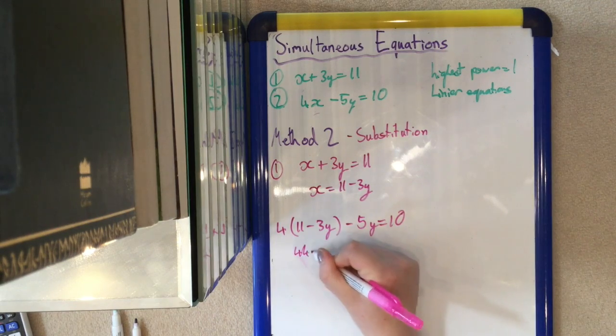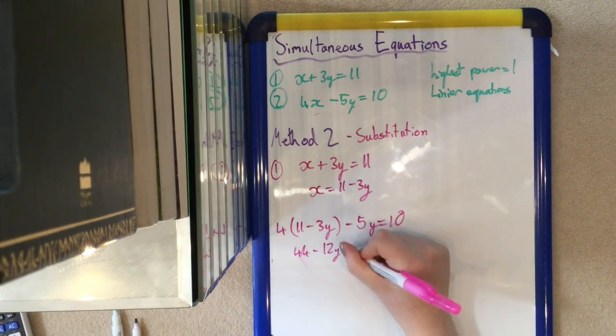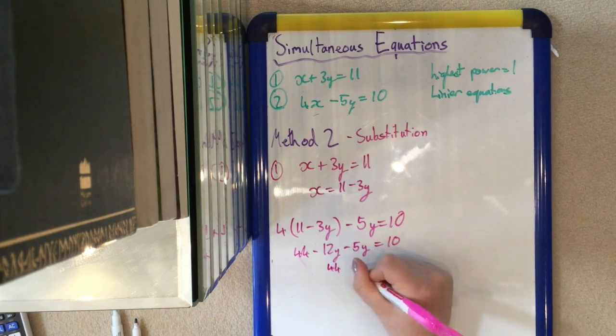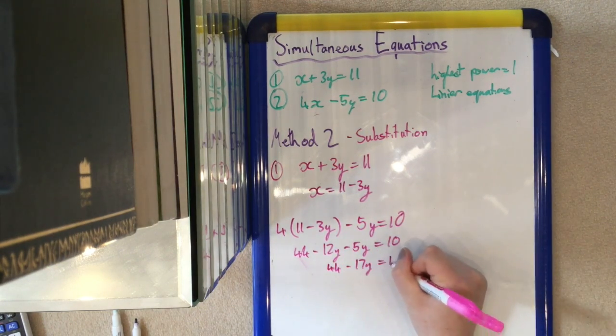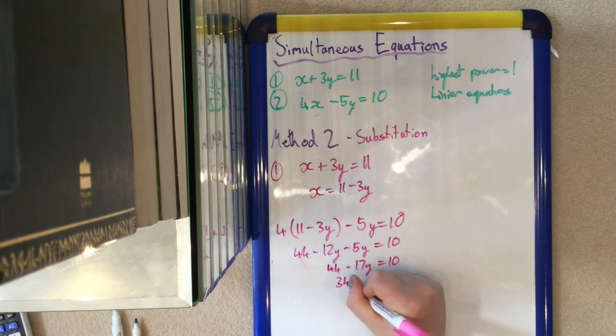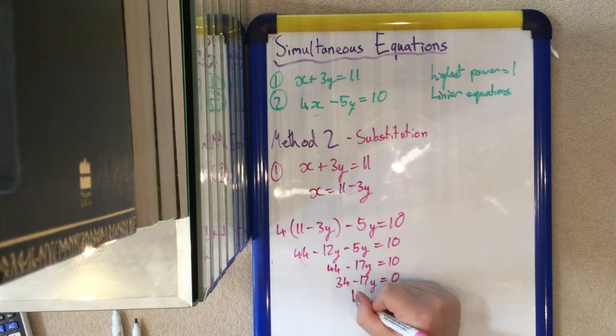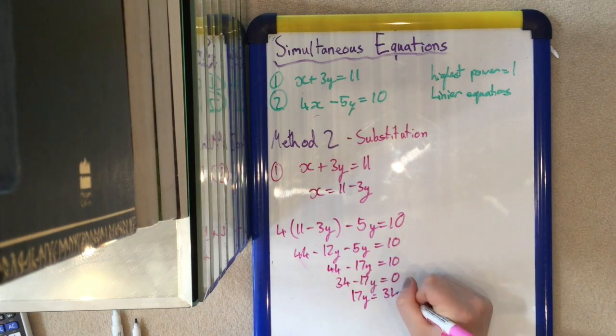So 44 minus 12y minus 5y equals 10. 44 minus 17y equals 10. 34 minus 17y equals 0, and 17y equals 34.